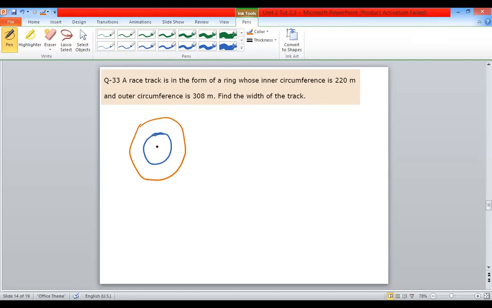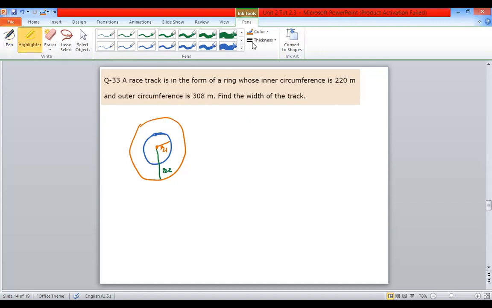The inner circumference is given. Suppose the inner radius is R1 and the outer radius is R2. This radius is R2. We just suppose the inner is smaller and the outer is bigger than the radius of the inner.